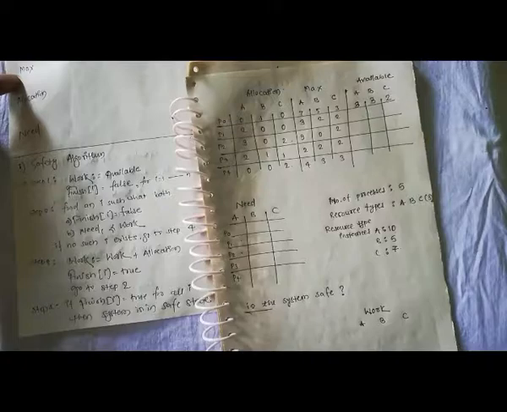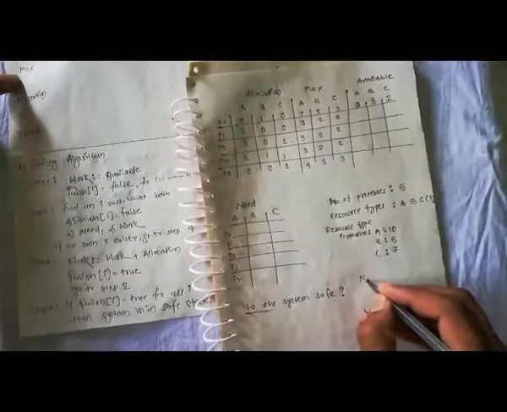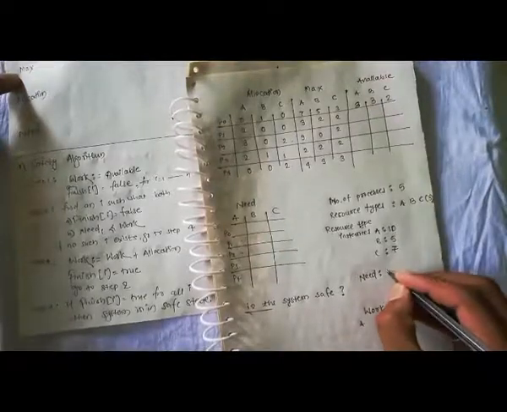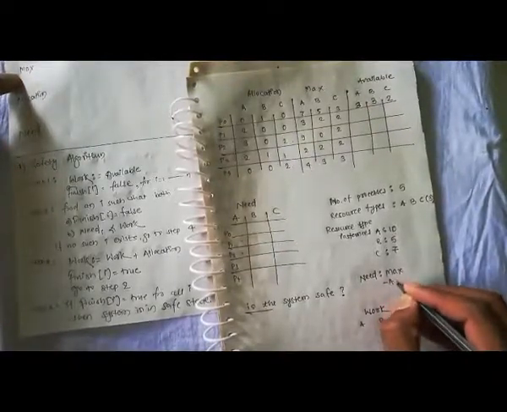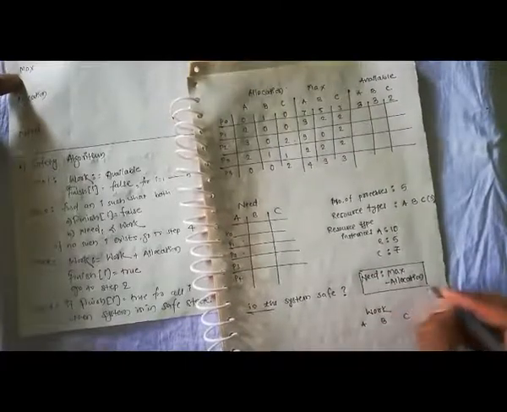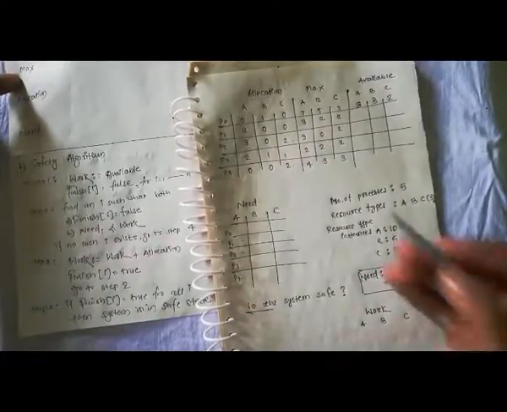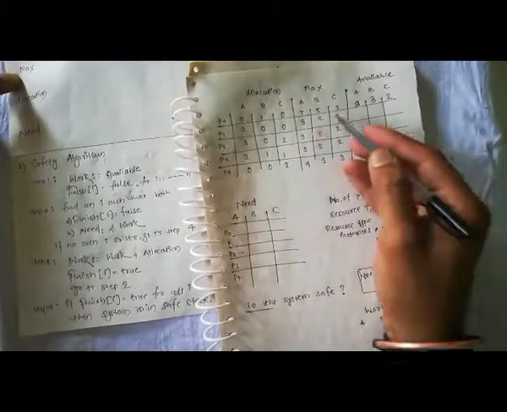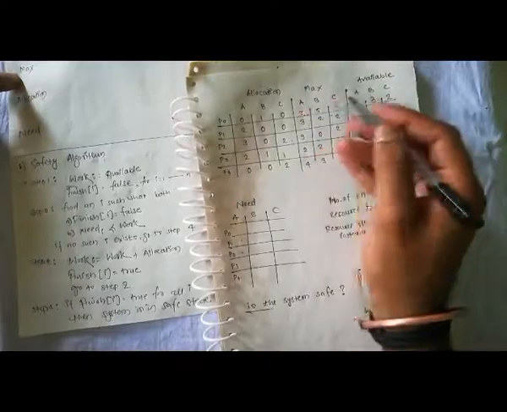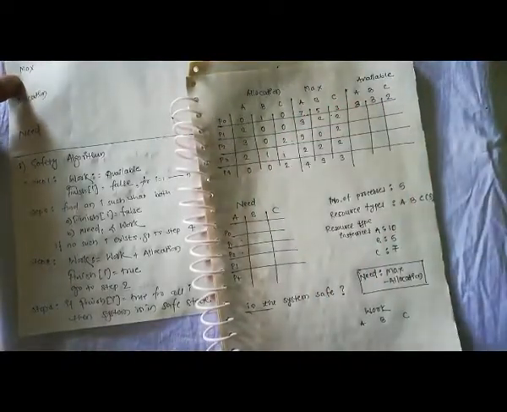Now how to calculate the need matrix? The need matrix is calculated from a simple formula called max minus allocation. The value of max is given and the value of allocation is also given. It's a matrix, so generally we calculate it row by row.